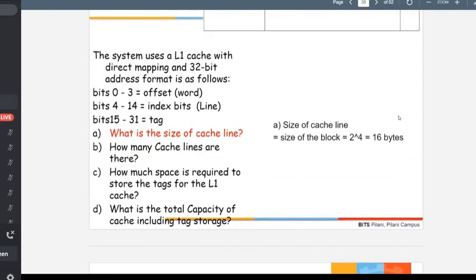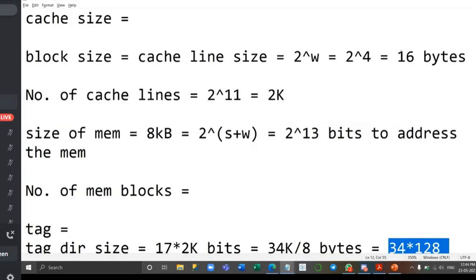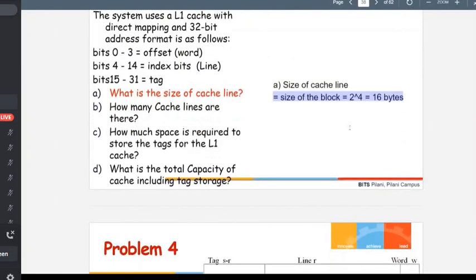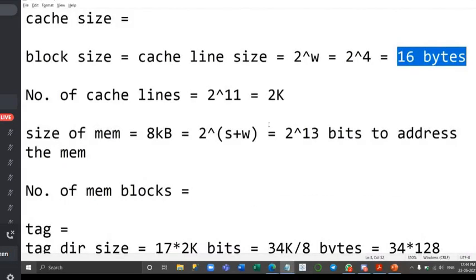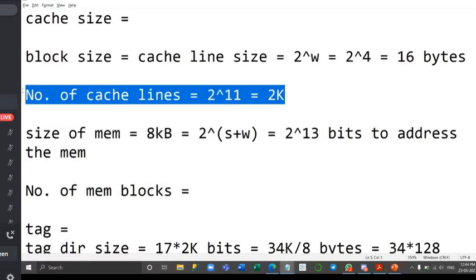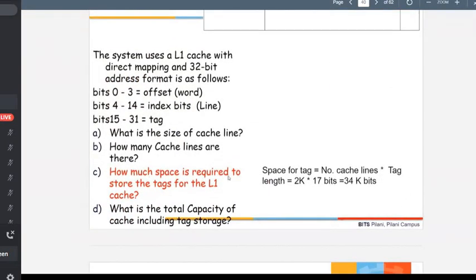You see, the cache line is 16 bytes. That is the cache line. The number of cache lines is 2 to the power K. How much space is required for the tag bits? 34K bits.